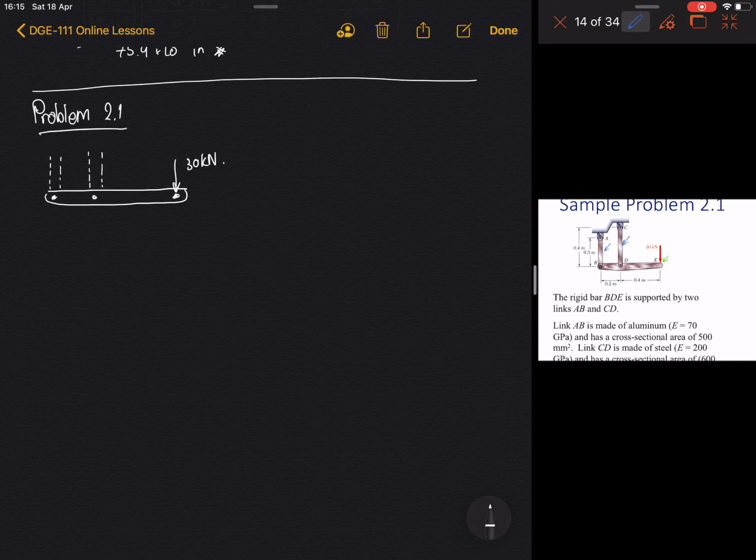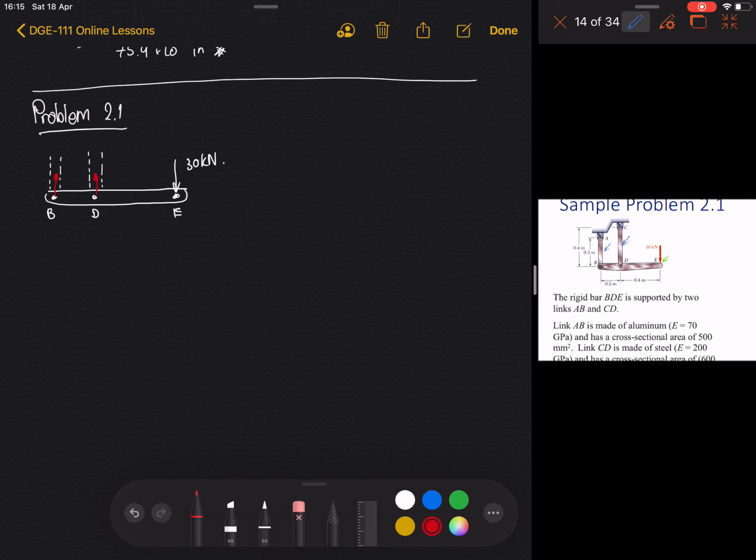What we would like to find is the assumed force from the support on the bar itself. So this is B, D, and E, and we would like to find F_AB and F_CD here.